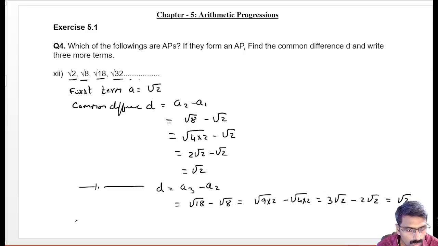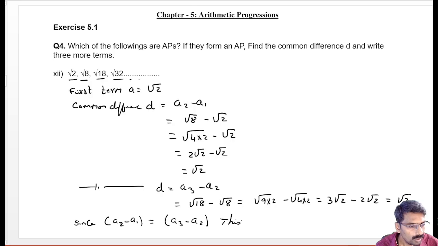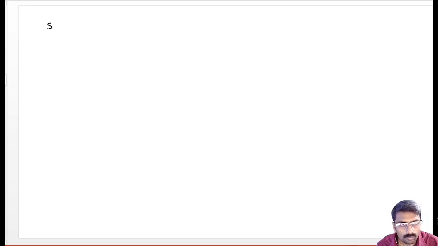So here, since a2 minus a1 will be equal to a3 minus a2, this forms AP. We need to find the next 3 terms. Fifth term, a plus 4 times d, which is equals to a is root 2 plus 4 times d is also root 2.